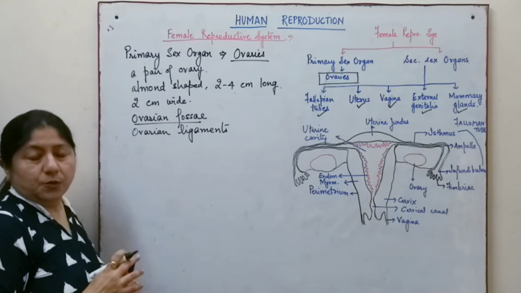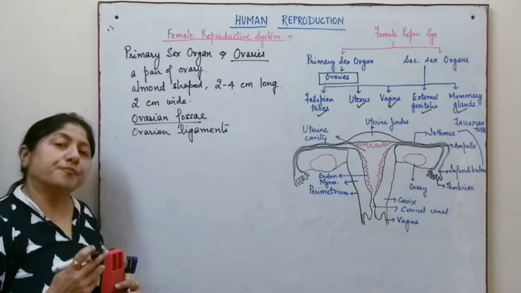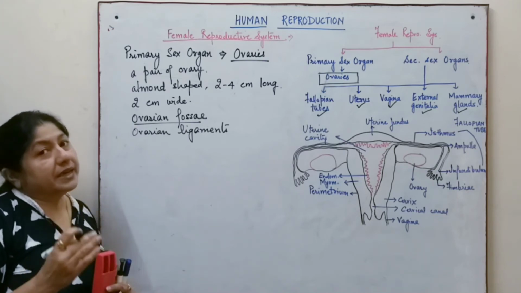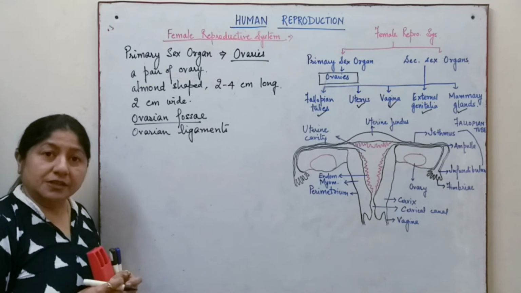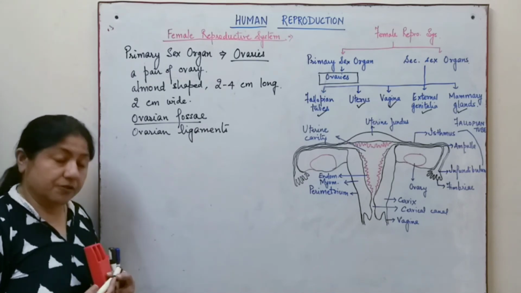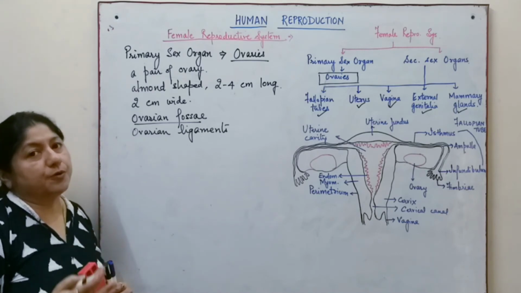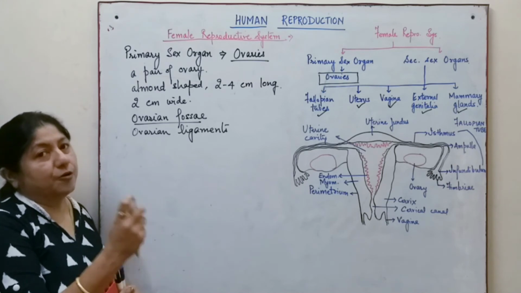Now, when a girl is born, she has approximately 1 to 2 million eggs. The eggs are not formed later during the life cycle of a girl. Instead, out of the 1 to 2 million eggs with which the girl is born, one follicle matures every month and forms the ova.